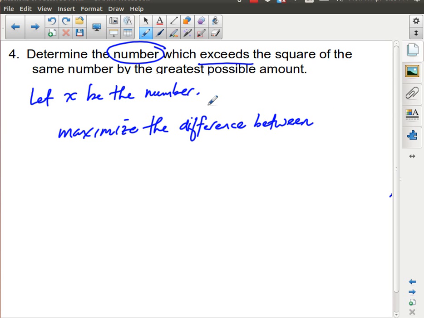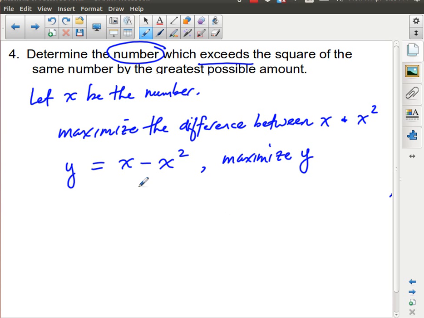So we're trying to maximize the difference between x and x squared. So what we actually want is y equals x minus x squared. And we want to maximize y. This is the difference between a number and its square. And we want that to be the maximum possible amount.